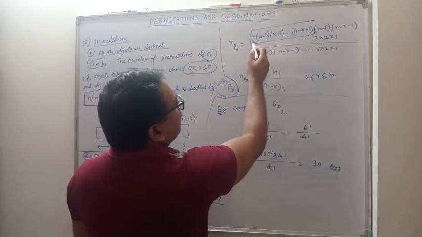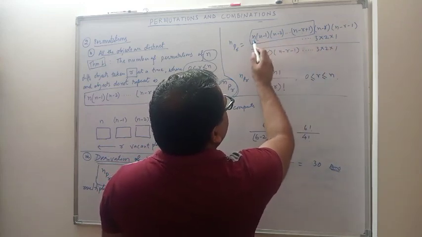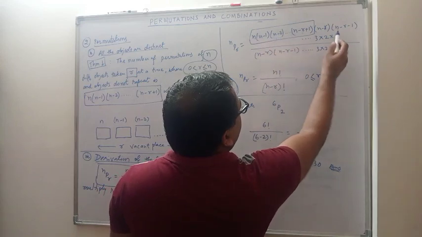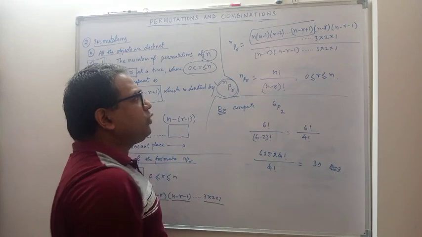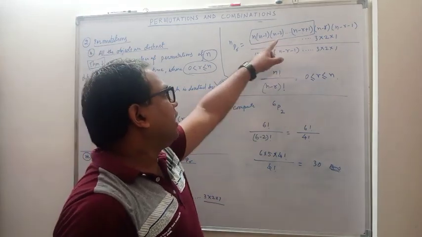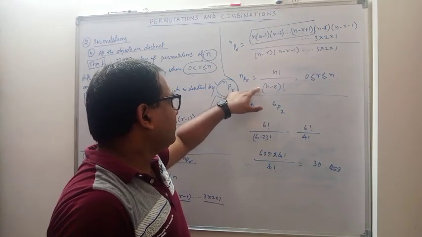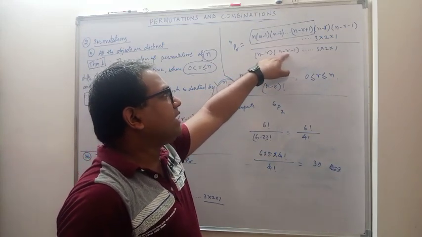So now it will be fulfilling its criteria from n into n minus 1, n minus 2 and so on up to 3 into 2 into 1. So it will become n factorial, and here it is n minus r minus 1.